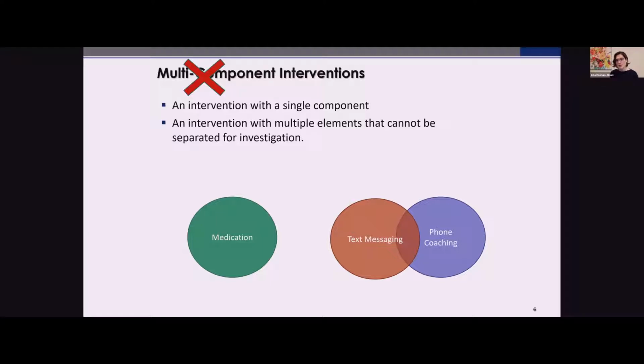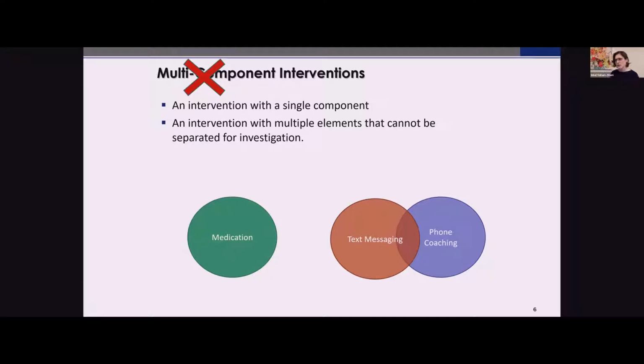So in this case, what we would consider is a standard randomized control trial. The second example is more tricky, and by the way, it happens a lot in mobile health interventions. This is a setting where you have an intervention with multiple elements, but these elements are connected, so you cannot disentangle them for investigation.